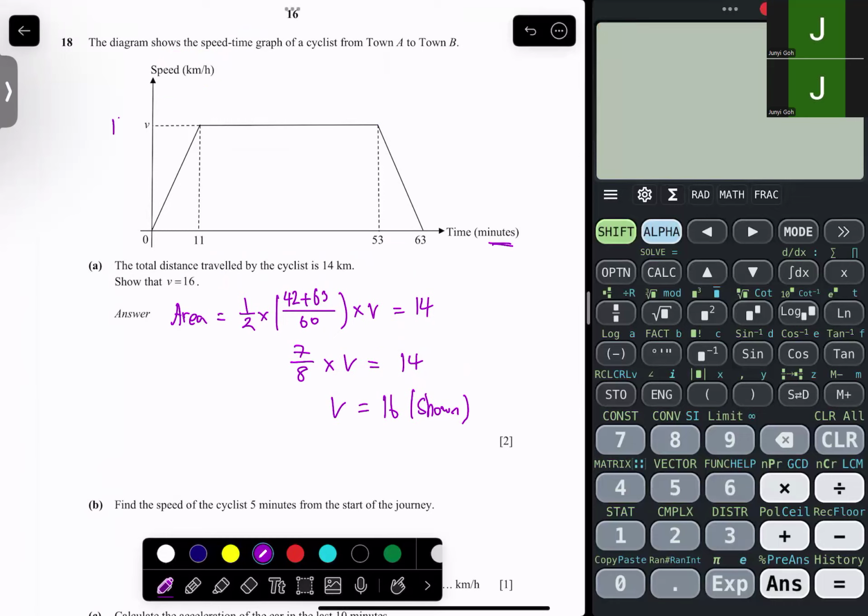So instead of 16 km per hour, I'm going to convert this, and try to make sure you all can follow. 16 km per hour can also be written as 16 km per 60 minutes. So what is it per minute then? 16 divided by 60, so we have 4 out of 15 kilometers per minute.